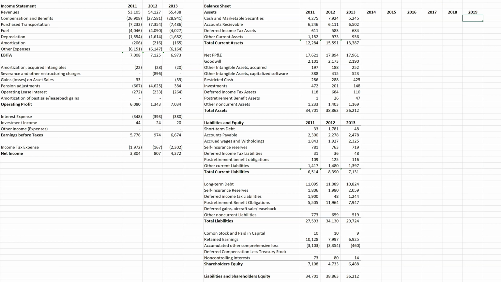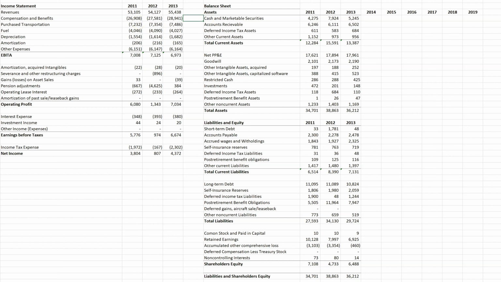Now, part of that is we'd like to look at the breakdowns, the trend lines within the numbers themselves. So within the income statement, we're going to look at how the costs of the firm have changed, and we might use one of the margin analyses from the slides. We looked at a graphical representation of UPS's margin of basically this part of their income statement, and we noticed a few things, namely that over time purchased transportation has been increasing significantly, that fuel costs have been increasing significantly, and that compensation and benefits stayed pretty steady.